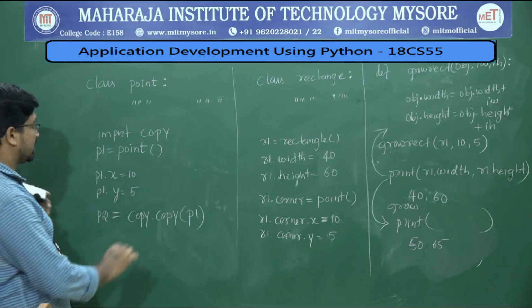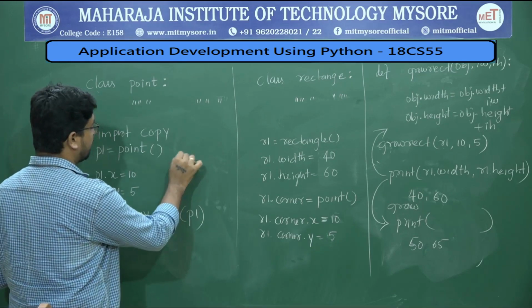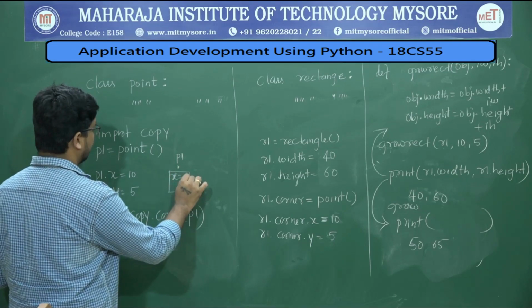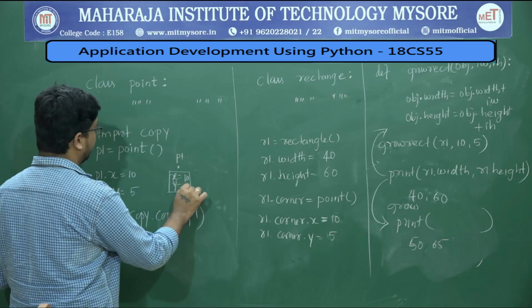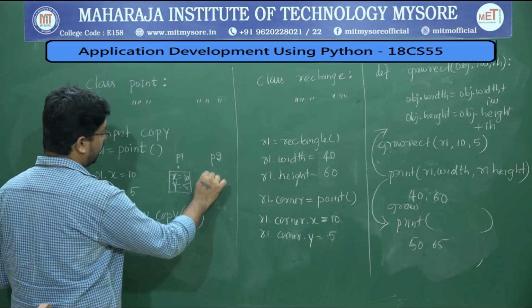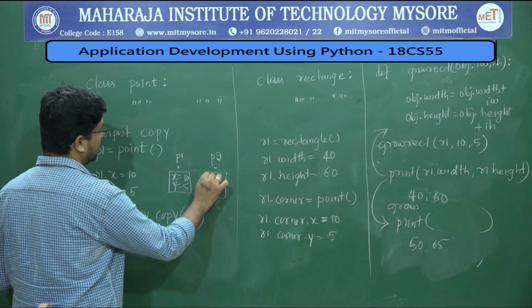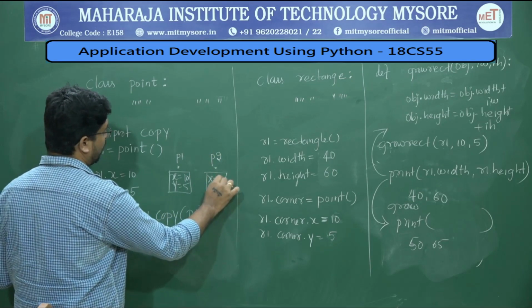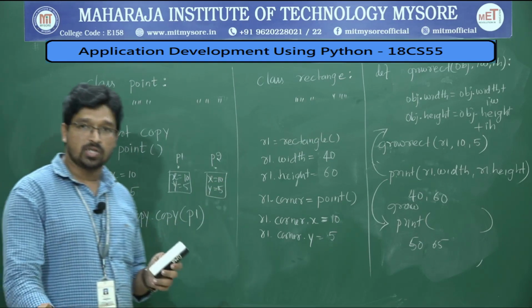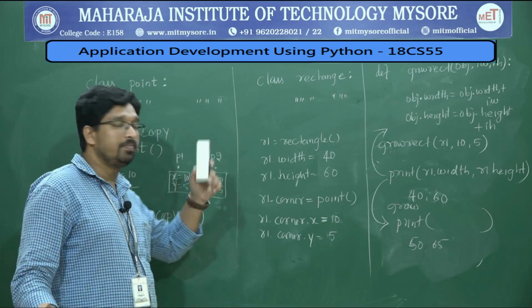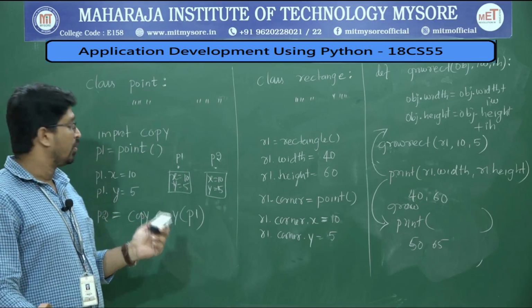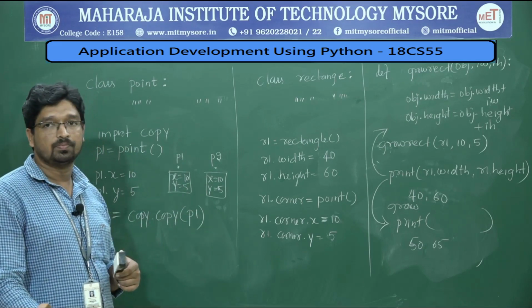Now there is a point called P1, which has two pieces of information, x is 10, y is 5, and I want to copy the content of P1 to P2. Then I have another point where that point has got the same information, 10 comma 5. Now I want to check whether both P1 and P2 are the same, that is, if I change P1's value, whether it will affect P2's value.